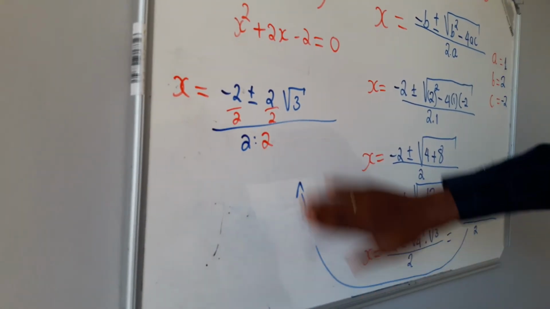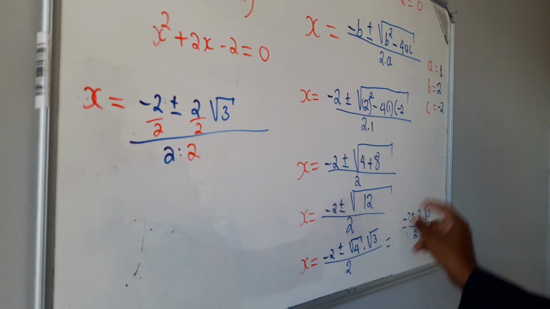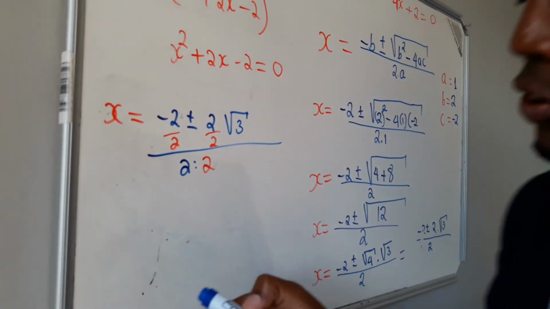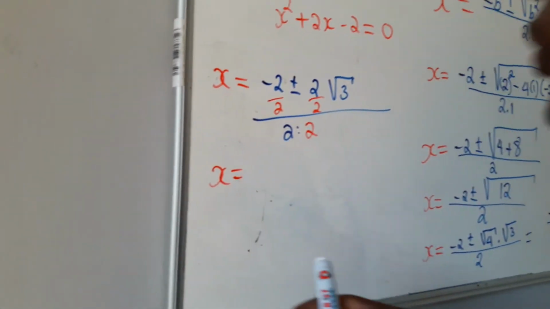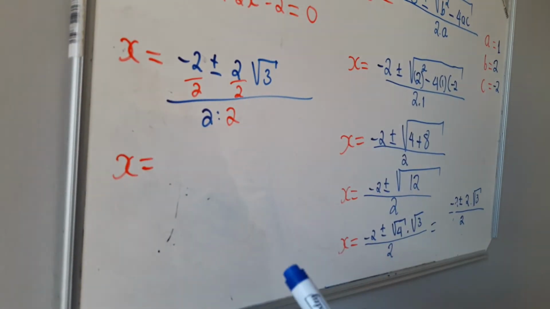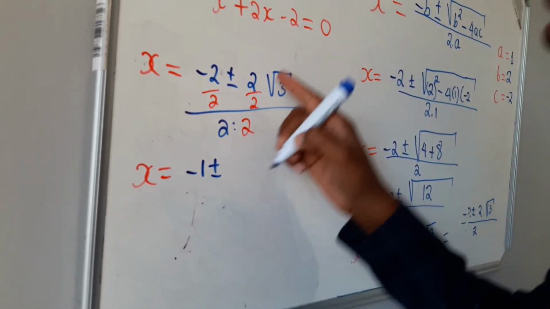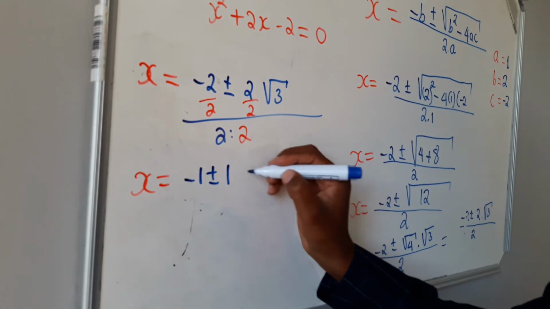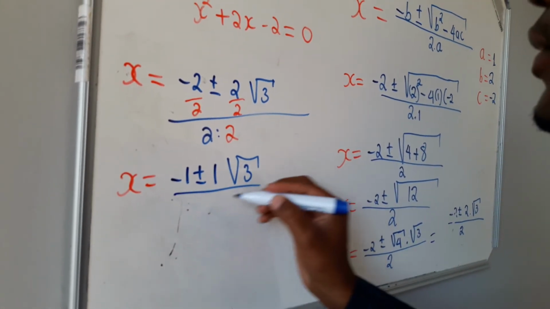I'll erase this now because we already know the context. So what we have here is x equals, -2 divided by 2 is -1, plus minus 2 divided by 2 is 1, and then the square root remains, which is 3. 2 divided by 2 is 1.